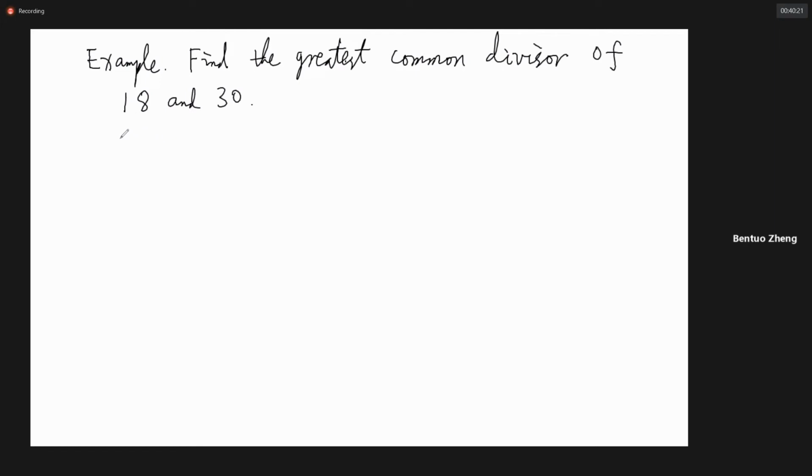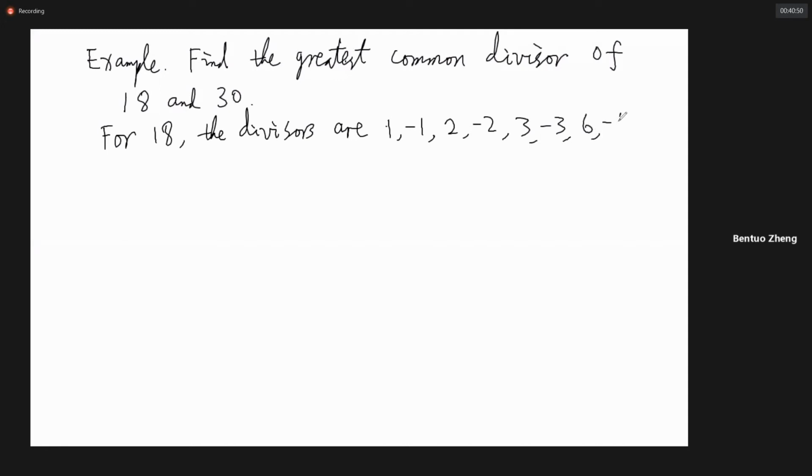For 18, the divisors are of course 1, and always remember there's -1, and 2, -2, 3, -3, 6, -6, 9, -9, and we also have 18, -18. So these are all the divisors for 18.